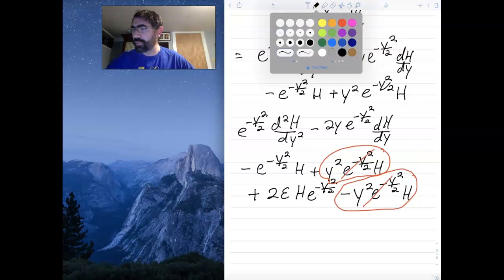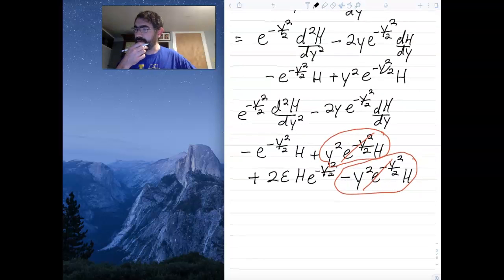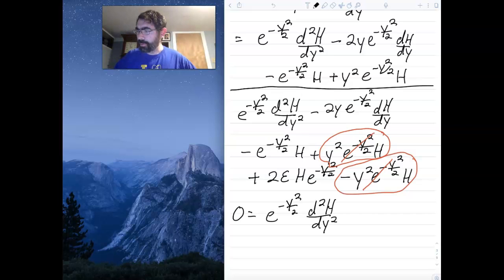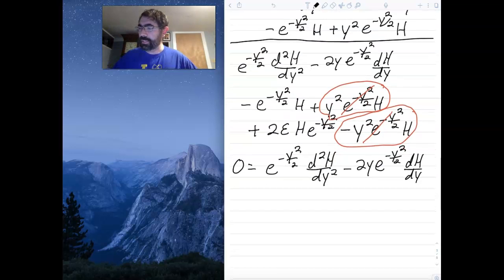And what I'm left with now is 0 equal to e to the minus y squared over 2 times the second derivative, minus 2y e to the minus y squared over 2 times the first derivative, minus e to the minus y squared over 2 h plus 2 epsilon h e to the minus y squared over 2.